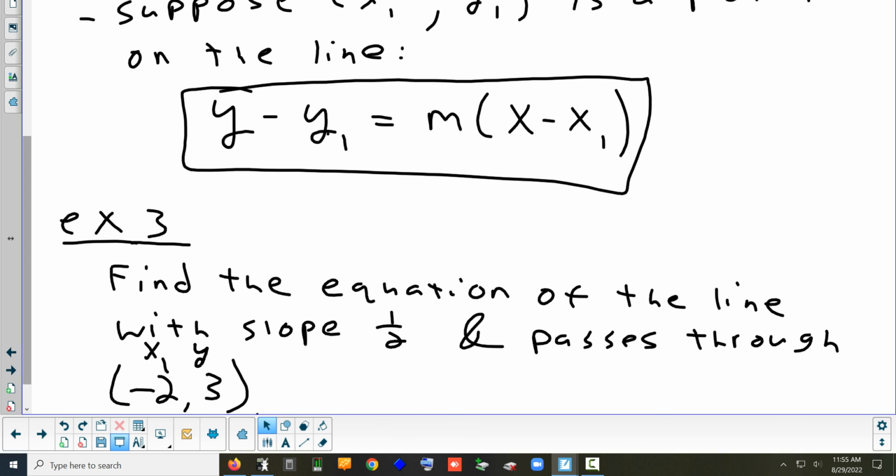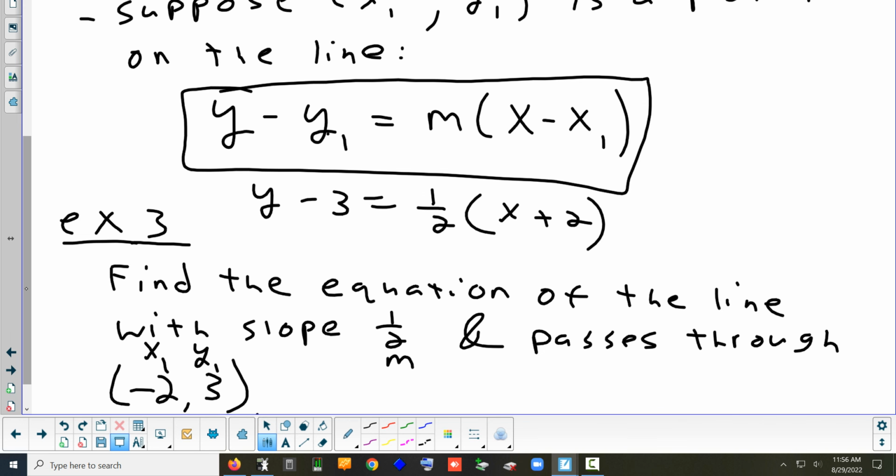This is x1 and y1. Basically fill in the m, the x1 and the y1, and you simplify. y minus 3 equals 1/2 times x plus 2. And that's it. If that's all they asked you to do, you can leave your answer just like that. If they asked you to write your answer in y equals mx plus b, then you'd have to distribute out and add the 3. But they didn't ask us to do that.